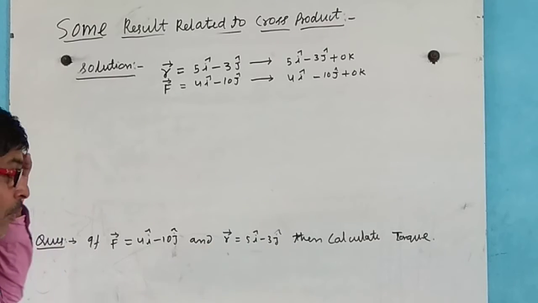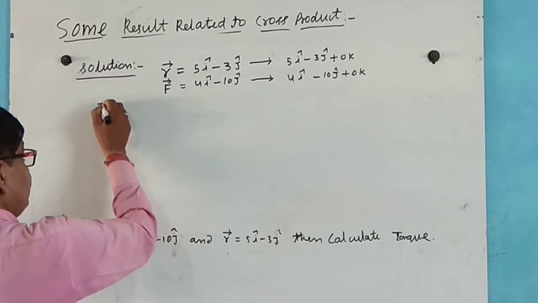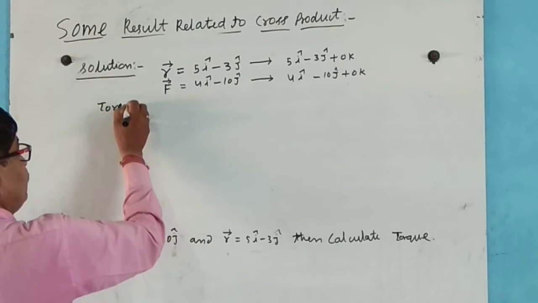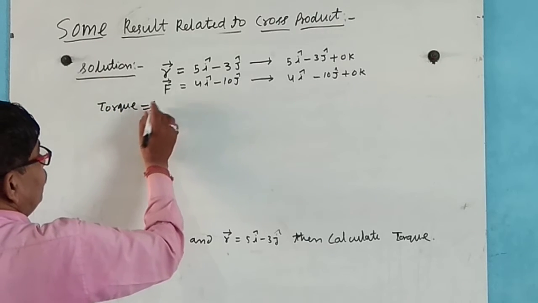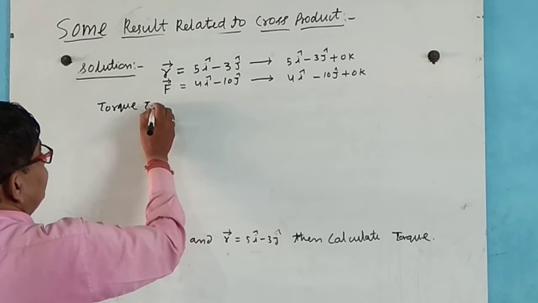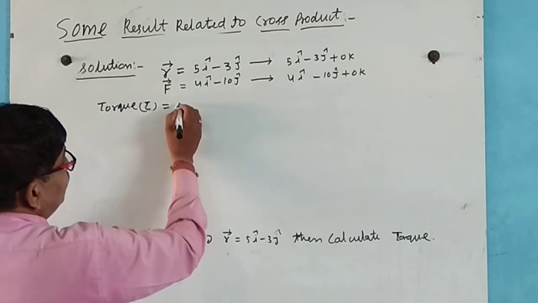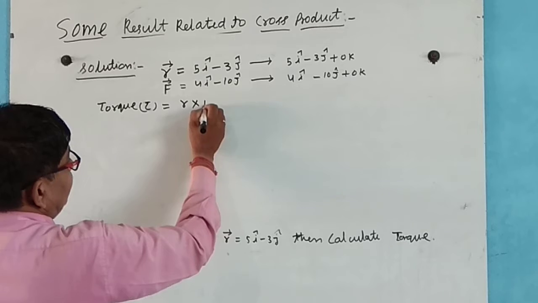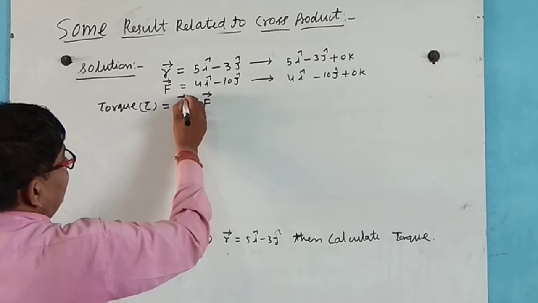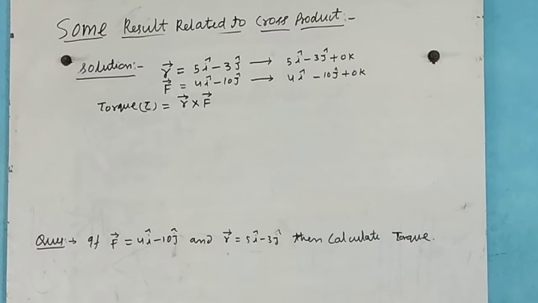Now torque equal to r cross f, vector r cross f.